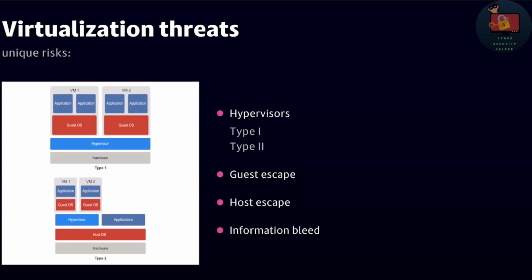Okay, let's talk about some specific types of risks that can occur. We're going to talk about guest escapes and host escapes. Both of these are a little rare because they rely on the failure of other controls. Guest escape is when a user is allowed to leave their virtual machine and interact with either the hypervisor, which can be used to provision other resources, or they may be able to interact with other virtual machines.